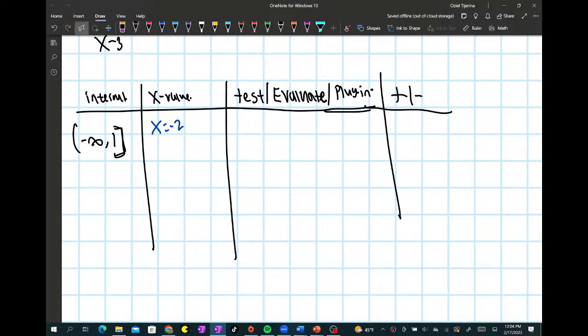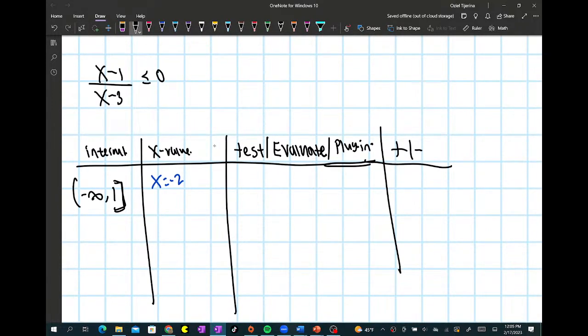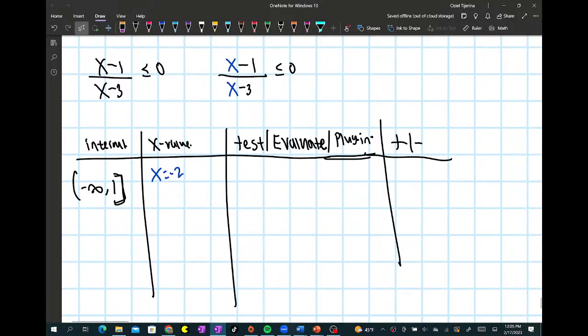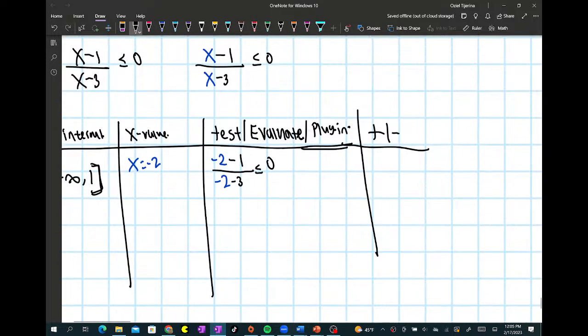So when I do that, again, I'm going to do x minus 1 over x minus 3 less than or equal to 0. I pick x equals -2, so I'm going to do -2 minus 1 over -2 minus 3 less than or equal to 0.